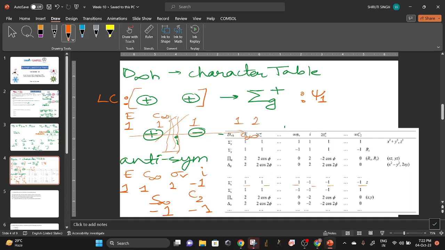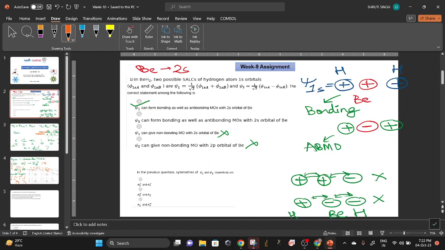The second one, the negative linear combination, belongs to sigma u plus, which is psi2. So this was an additional question. Here we can write that the symmetries of psi1 and psi2 are sigma g plus and sigma u plus.